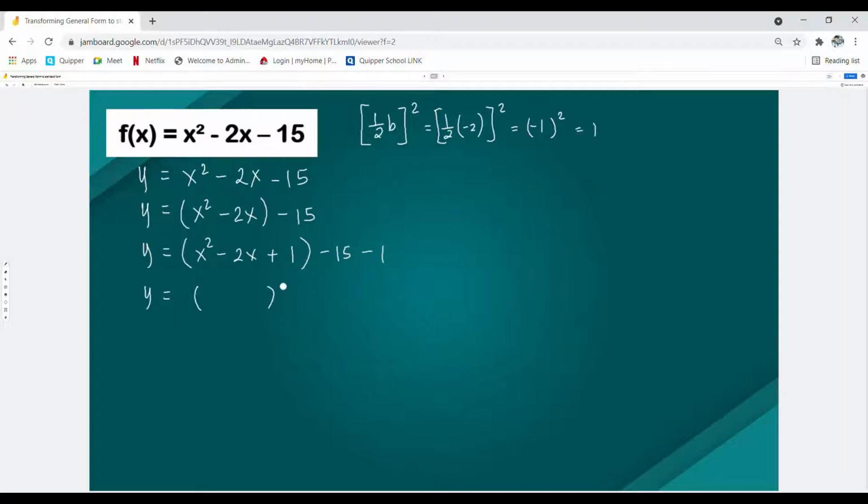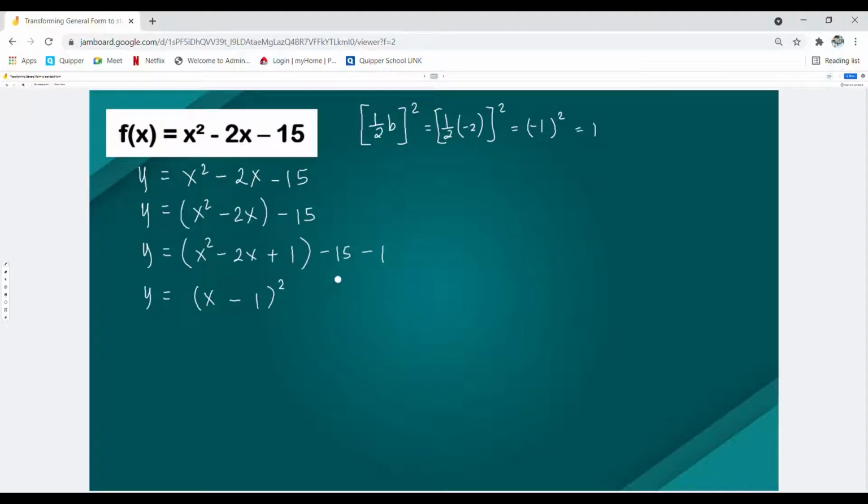Very easy. If it's a square, of course you have a power of 2, and then inside you will just get the square root of your first term, that is x, the square root of your last term, that is 1, and then you copy the sign of your second term. That means the equivalent square binomial of this trinomial is x minus 1 squared, because it's a PST.